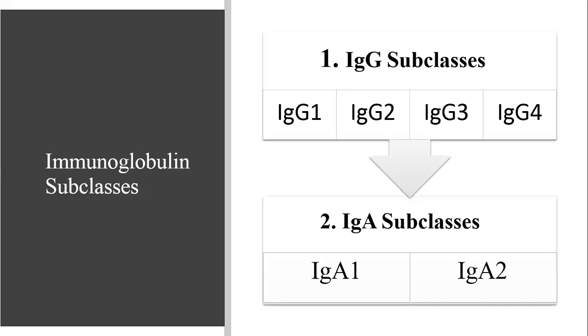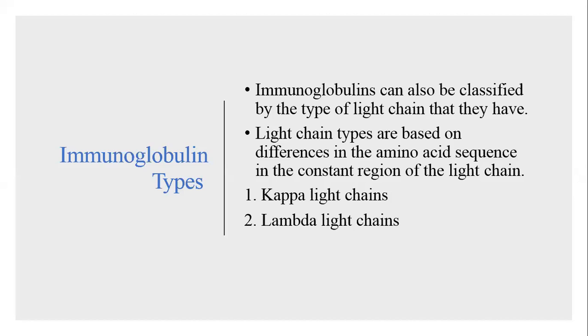For example, IgG has 4 subclasses: IgG1, G2, G3, G4, and IgA has 2 subclasses: IgA1 and IgA2. Immunoglobulins can also be classified by the type of light chain. On the basis of their amino acid sequence, there are 2 types of light chains: kappa and lambda.